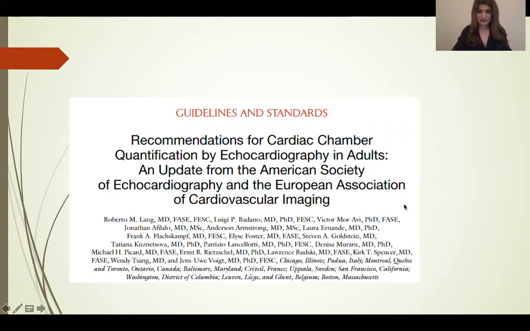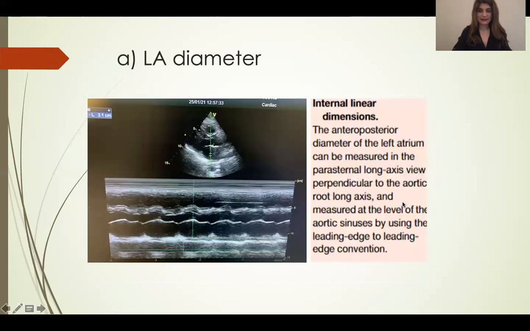According to these guidelines, the left atrium anteroposterior diameter is measured from the posterior aortic wall to the posterior left atrial wall. If we want to measure by M-mode, it must be perpendicular to the aortic valve.